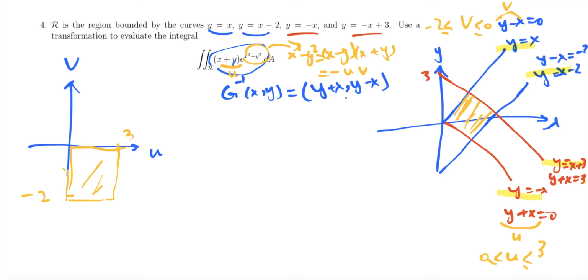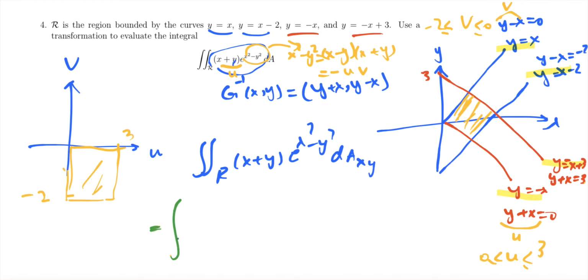Now, all I need to do is set up this integral, which is the integral over region R of x plus y in terms of u and v. So when I'm setting this up, I set it up whichever way I want, du dv.